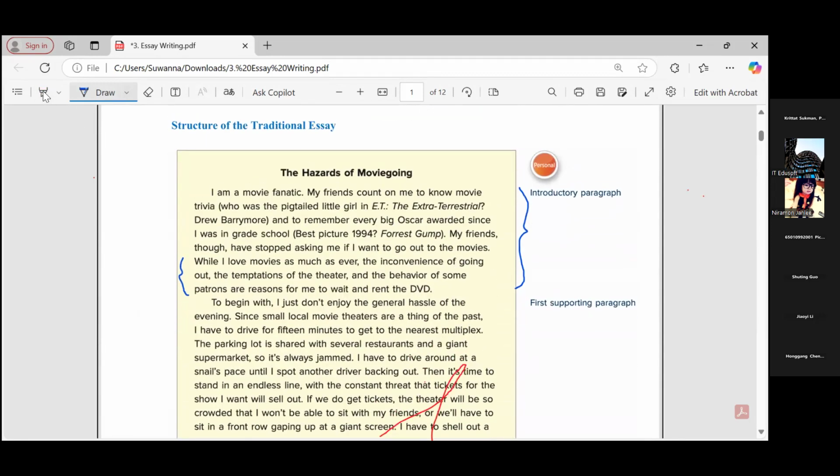You see, the writer says, while I love movies as much as ever, the inconvenience of going out, the temptations of the theater, and the behavior of some patrons are the reasons for me, right? And obviously, this is the plan of development. It tells the reader that the writer will deal with these points in his essay.